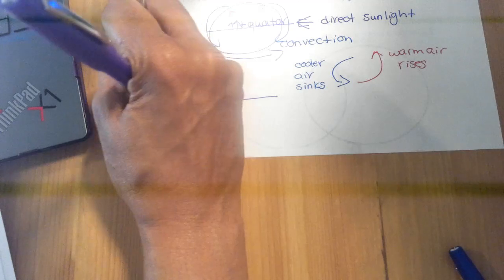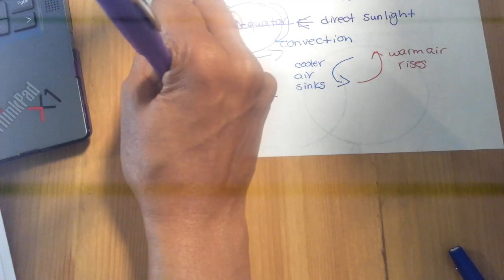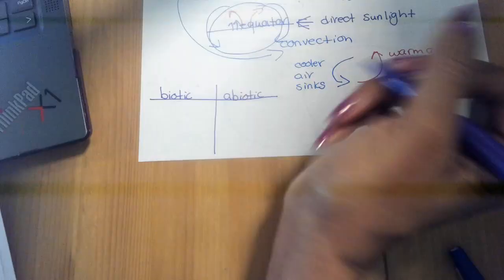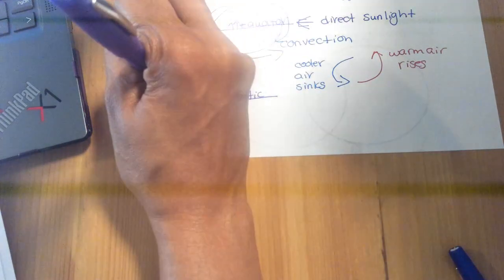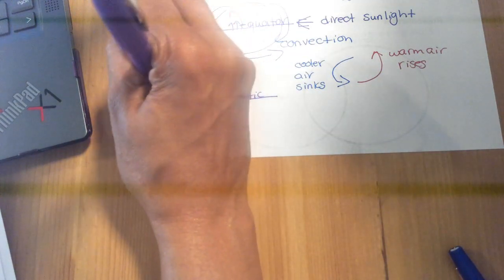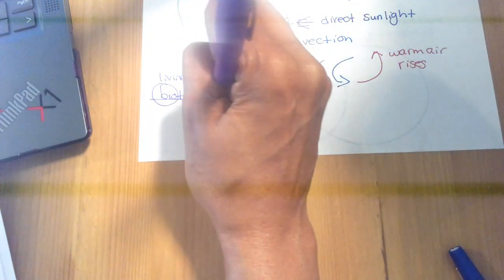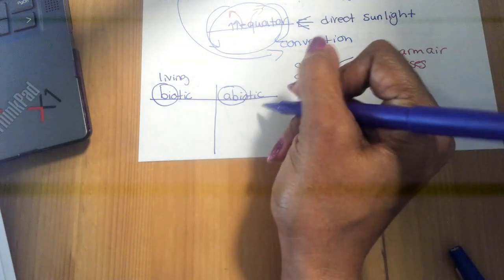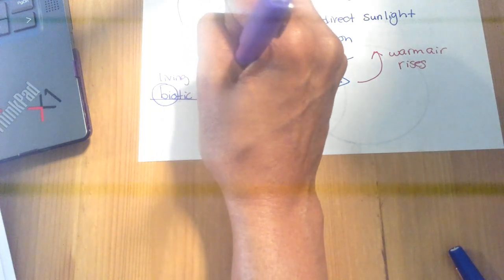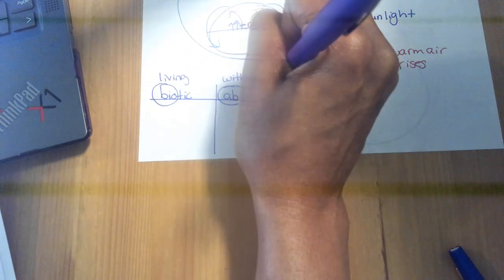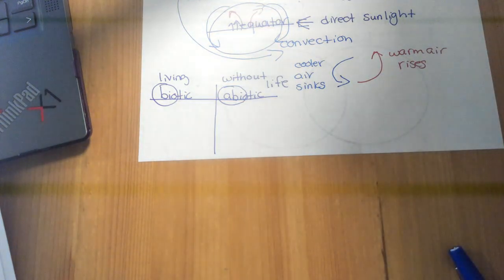And biotic, abiotic. Okay, so biotic is, this prefix bio means living, and abiotic, the AB means without, so this means without life.